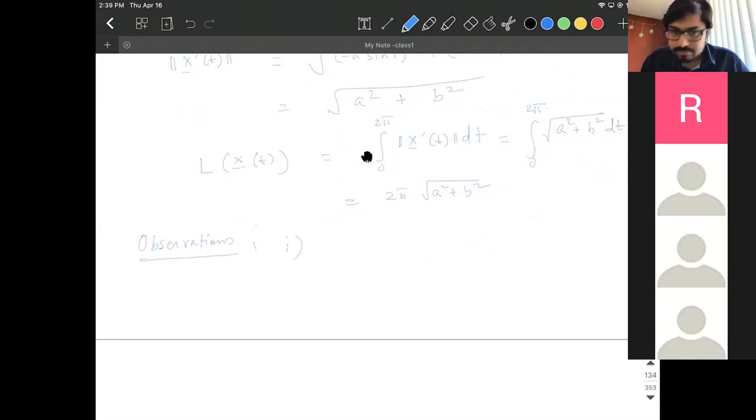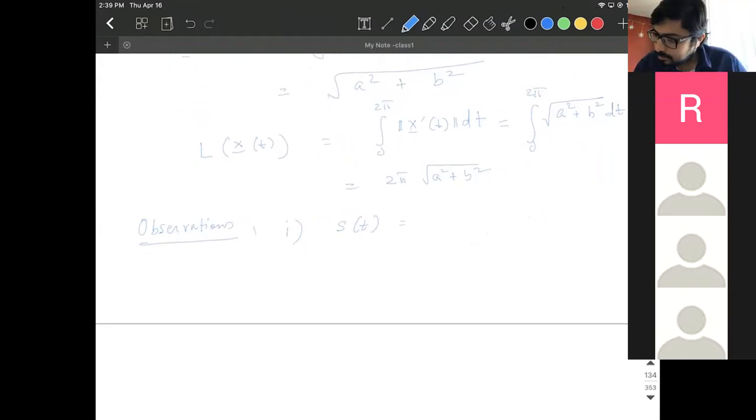So number 1 is the following, that we call this s of t: the integral from a to t of this norm, the arc length up to t.